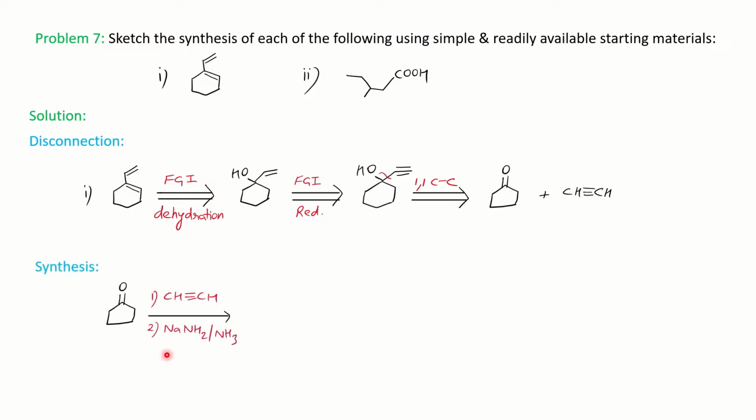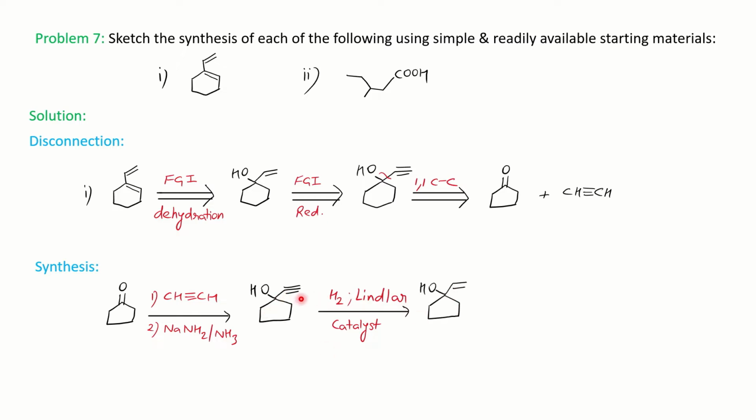And so you can synthesize this; again you write the 6-membered ring. In the presence of acetylene and base, the acetylene will first form an acetylide. The acetylide will attack the carbonyl carbon and, after hydrolysis, give you OH and acetylene, which in the presence of hydrogen and Lindlar's catalyst converts into a cis alkene.